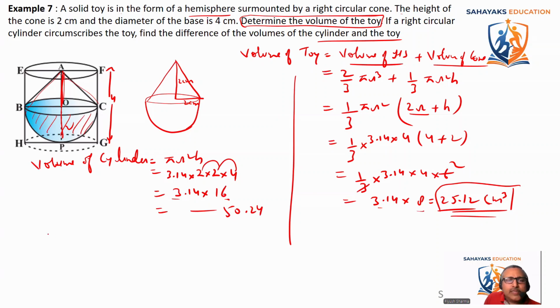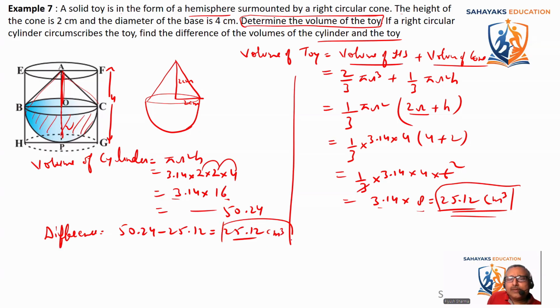Now the difference is equal to 50.24 minus 25.12, which comes out to be 25.12 centimeter cube. This is a pretty easy question.